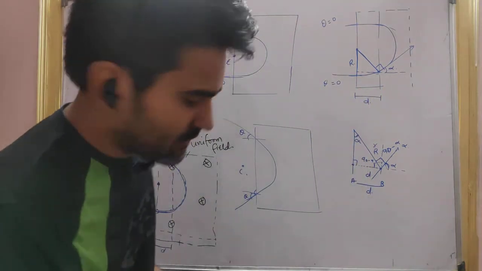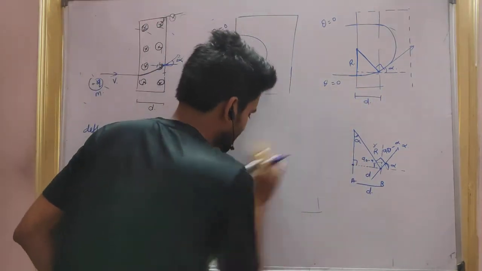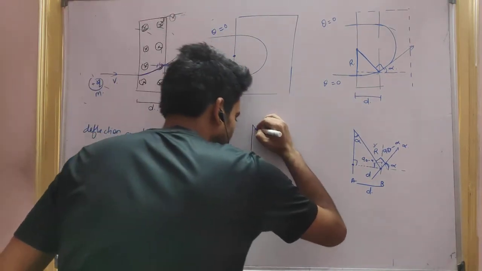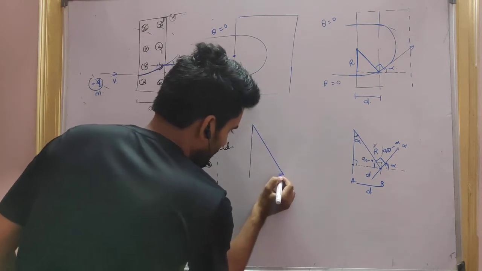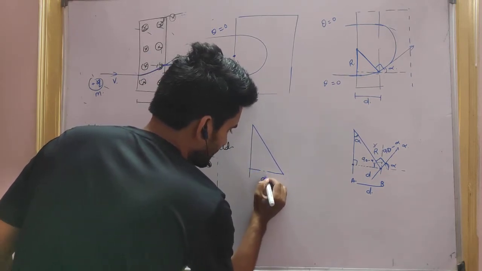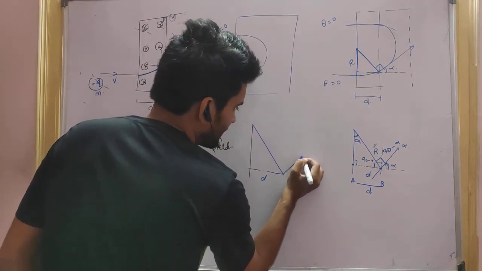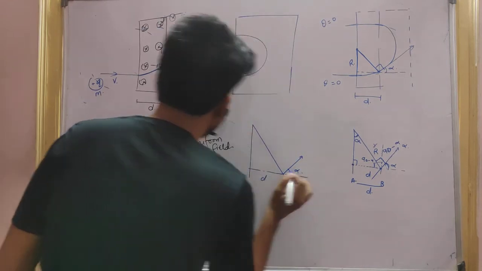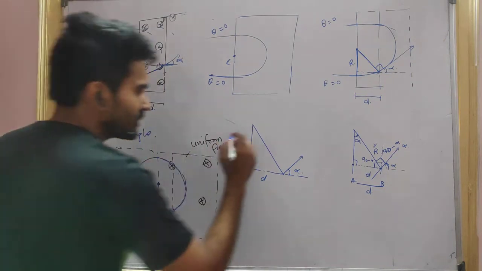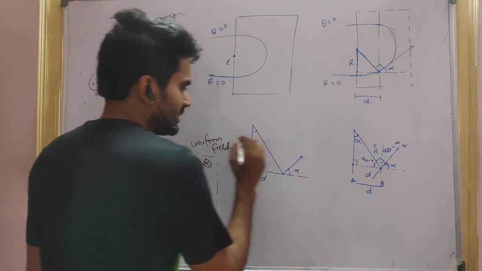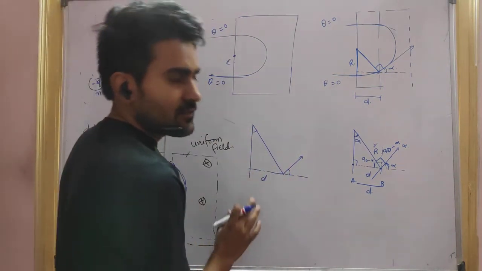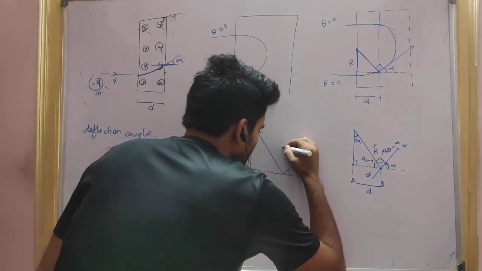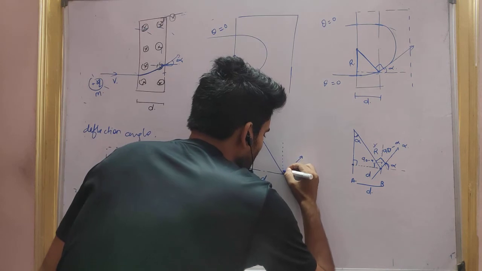So let me make one more figure for you guys. We have it like this. This is the D, right? And at this angle it is leaving, right? This angle is alpha. Let's say this angle is alpha. Let me make a perpendicular like this.